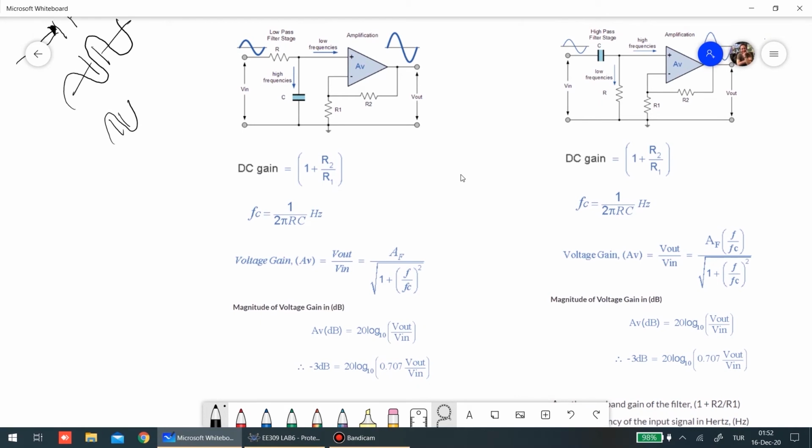Now, for our filter design, we need a cutoff frequency.